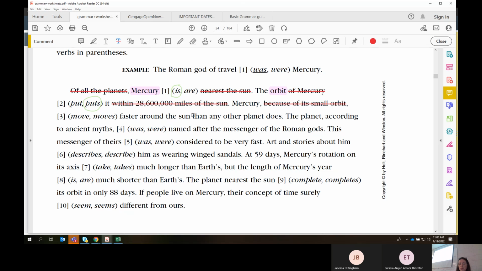It is what's called a subordinate clause, this little thing right here. It's got its own subject and verb in it. We'll talk about that another day, but I'm going to get rid of it for right now. This is a prepositional phrase for sure. So it's gone. So what's left again to be the subject? Mercury. Singular Mercury. What's my verb?